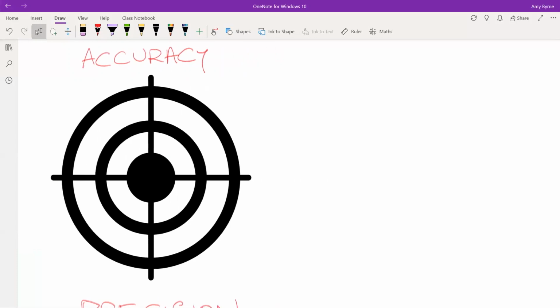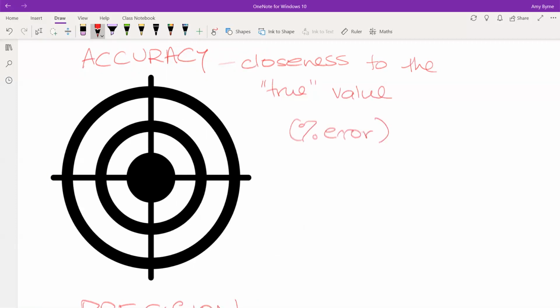However, in chemistry, accuracy is closeness to the true value. So this is related to that percentage error that you might calculate as part of a practical report.